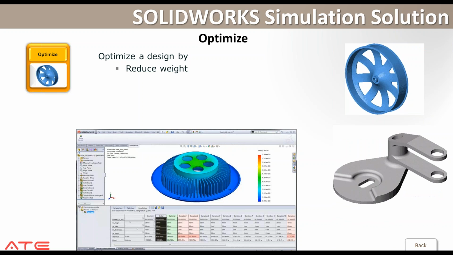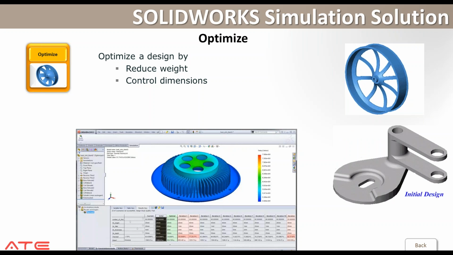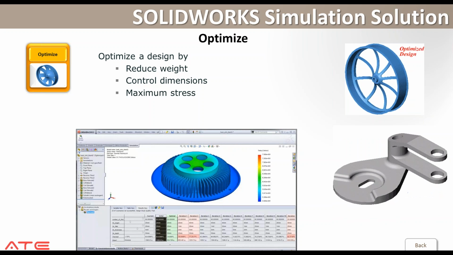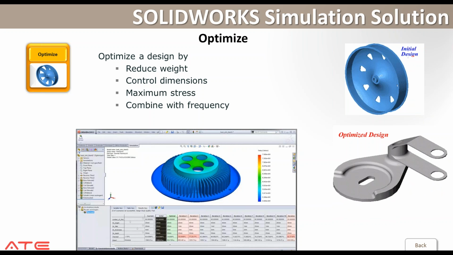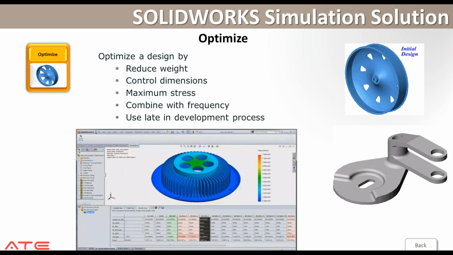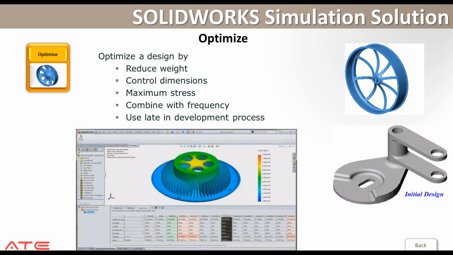The aim is to reduce weight by controlling dimensions and maintaining the maximum stress levels at a range that can be accepted. It can also be combined with the frequency analysis, and is usually used in the later stage of the development process.